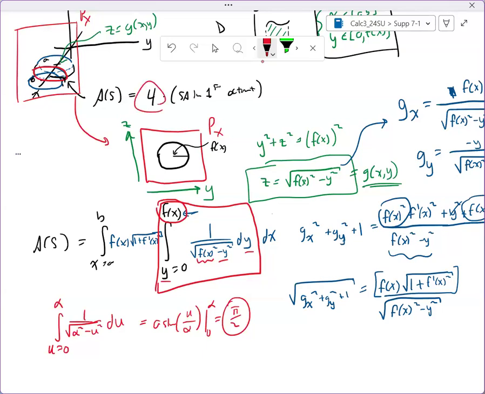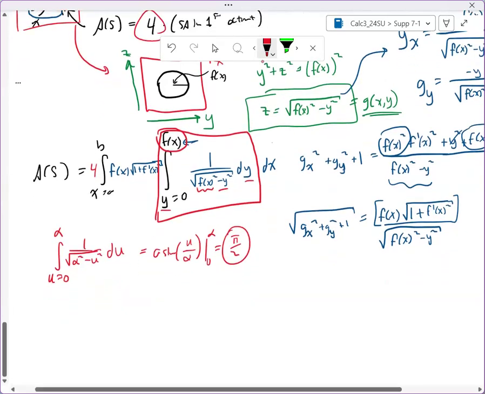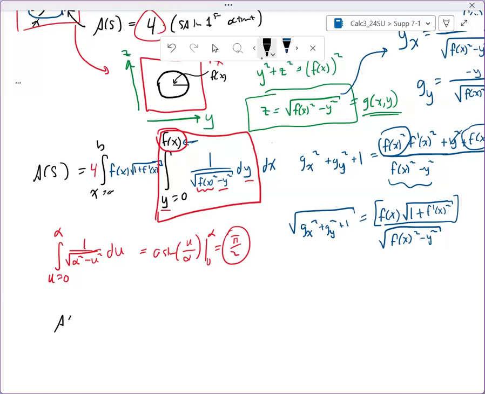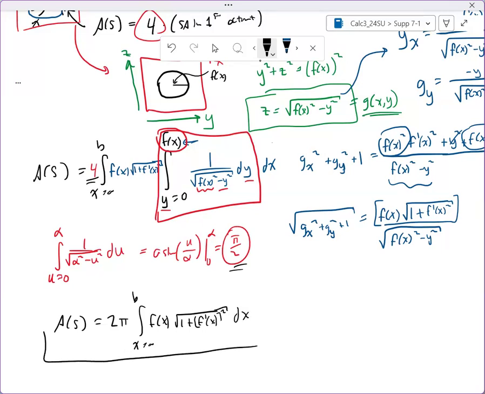And I need my 4 in front. So I see that my whole surface area is 4 times pi over 2, or that's 2 pi, integral x equals a to b, f of x root 1 plus f prime of x squared dx.